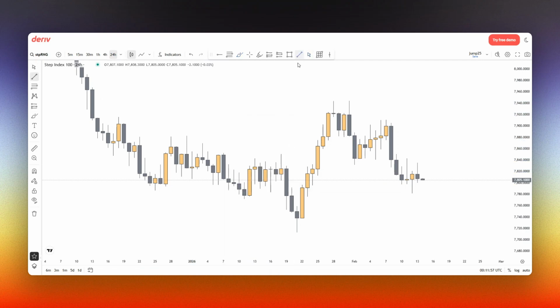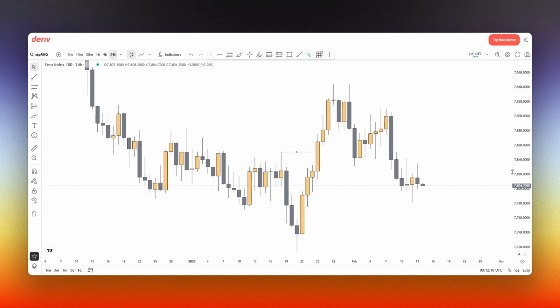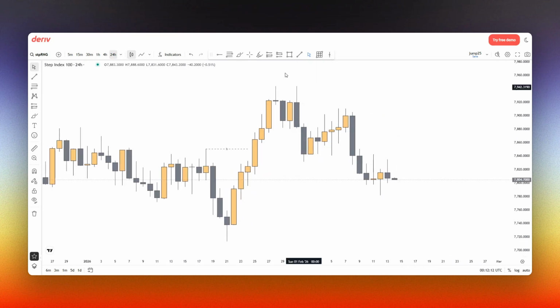So I can say this was a break of structure. This was a break of structure. Yet again, I can see this also being a break of structure.